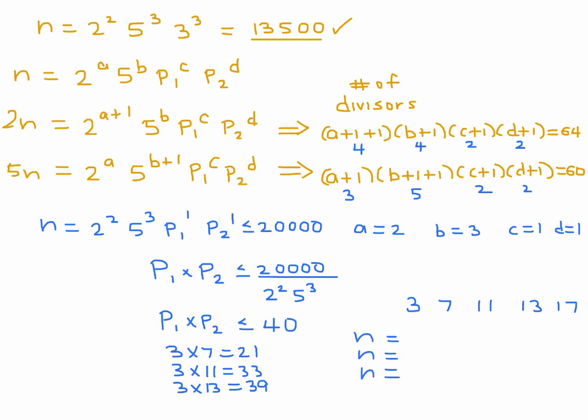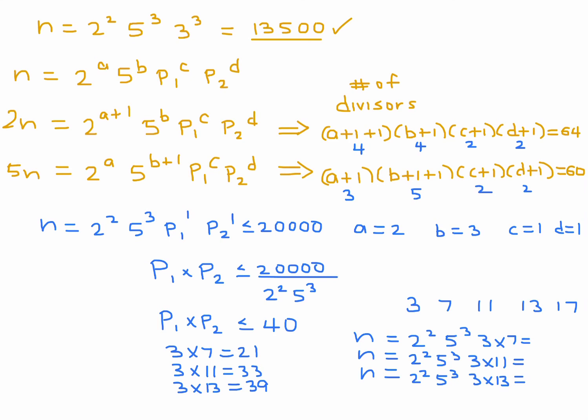So now I've got a few more n's. The first n would be 2 to the power 2, 5 to the power 3, 3 times 7. The next one, 2 to the power 2, 5 to the power 3, 3 times 11. The next one, 2 to the power 2, 5 to the power 3, 3 times 13. And let's get the numerical values for each of these.